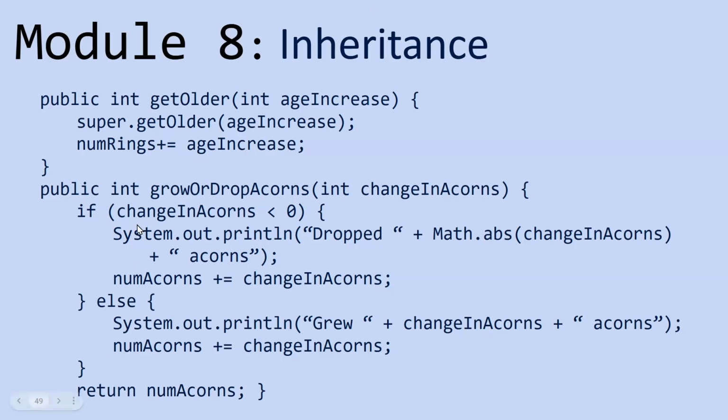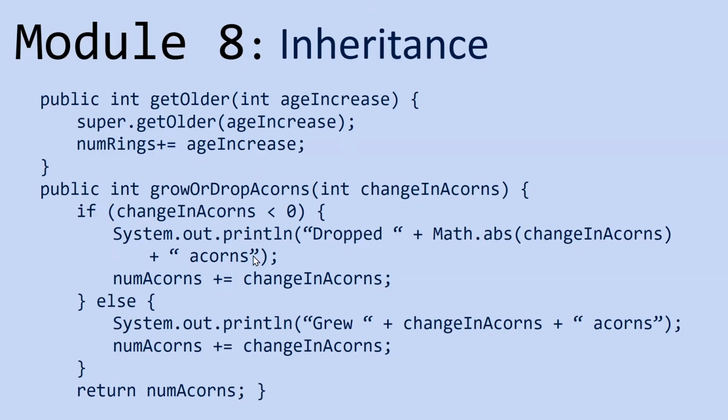So if changeInAcorns is a negative number, that means I dropped acorns. So it prints dropped, and then the absolute value of changeInAcorns. And feel free to look up the documentation on Math.abs, but it just takes the absolute value.